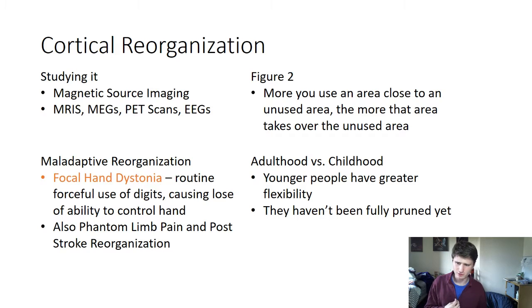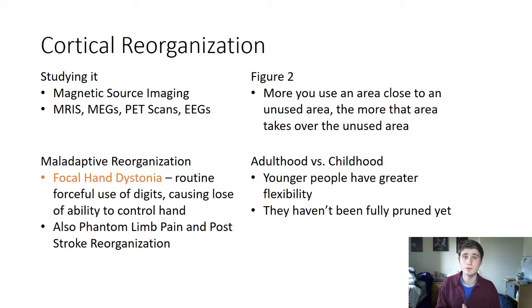And the final form of maladaptive reorganization we talked about in class is focal hand dystonia, which is basically when you use your hands too much, too frequently, too harshly, and it can cause you to lose the ability to use your hand and to control it. Basically, this tends to happen in only the most extreme cases.